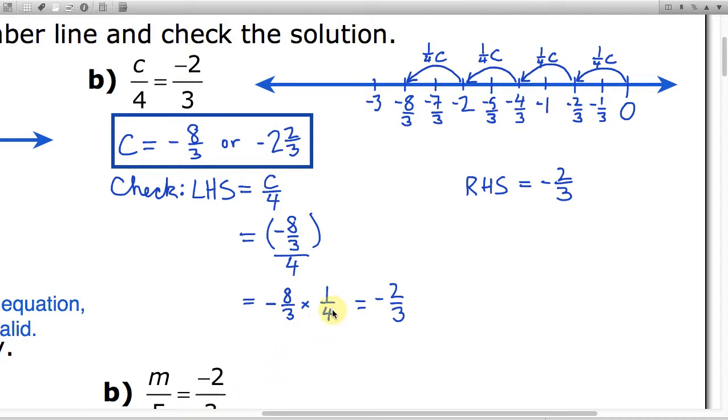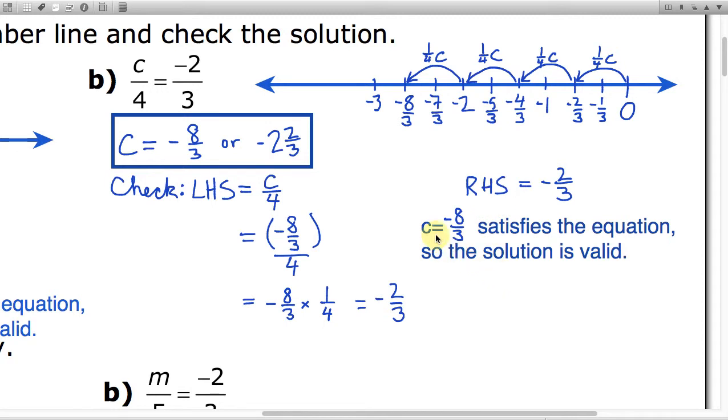You can divide out a factor of 4 here and there, and it would be 2 times 1 is 2, and 3 times 1 would give you 3, so -2/3. Or you can do top times top, bottom times bottom, and reduce afterwards. So what you can see here is that c equals -8/3 does satisfy this equation. When you plug in c equals -8/3, you get the left-hand side equal to the right-hand side, so you know the solution is valid.